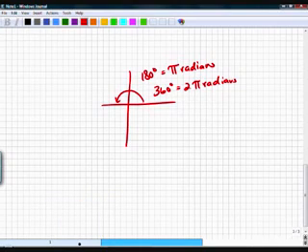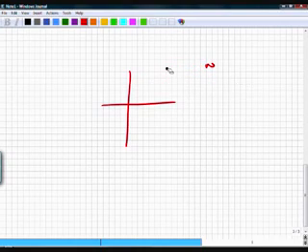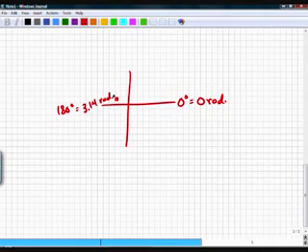Yes, radians. 180 degrees equals 3.14 radians. Let's label that, because I'm glad you said that. In terms of degrees, this is 0 degrees, and it's also 0 radians. This is 180 degrees, which is equal to 3.14159 radians. So 90 degrees would equal how many radians?